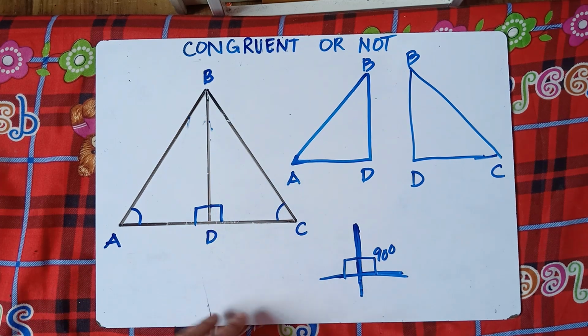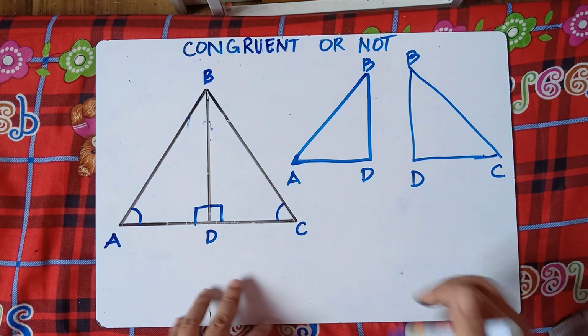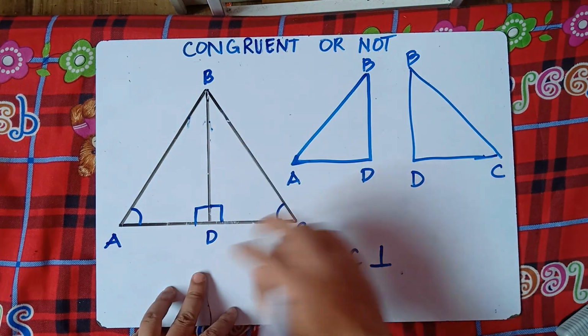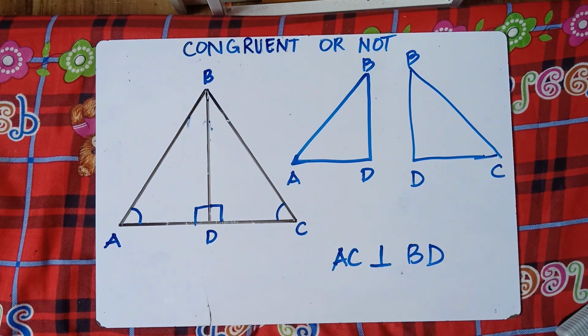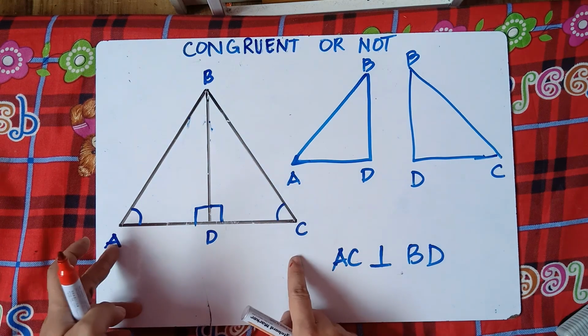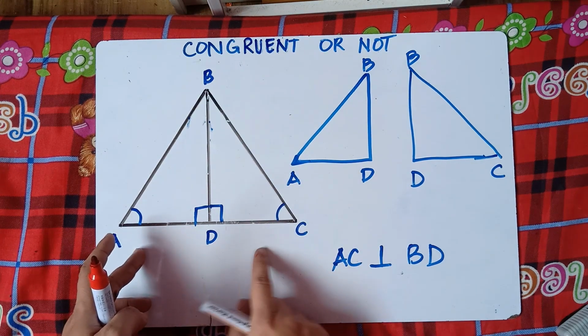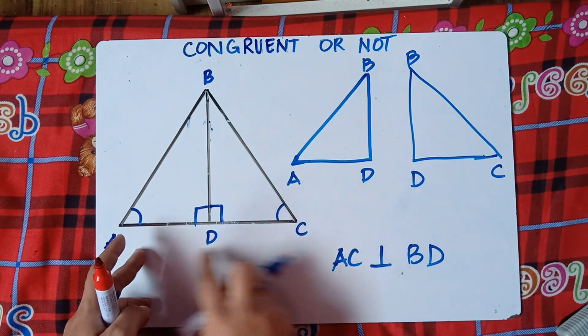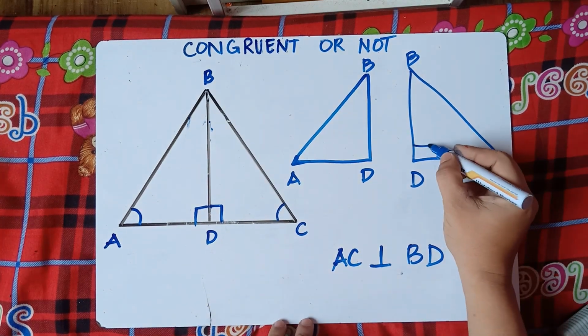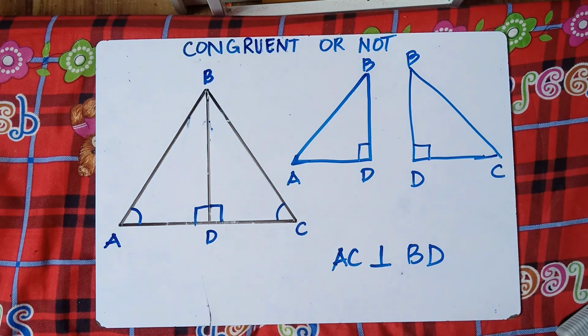AC is perpendicular to line BD. Because BC and BD intersect with AC, it forms a perpendicular angle, an angle which is exactly 90 degrees. So therefore, this angle right here and this angle are congruent.